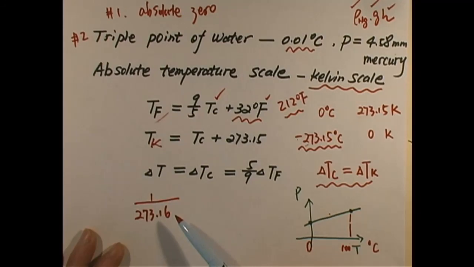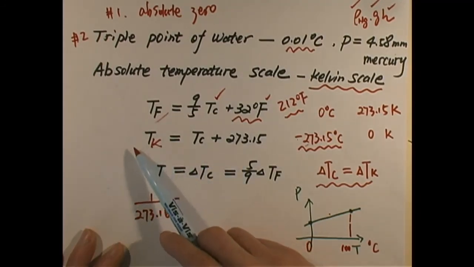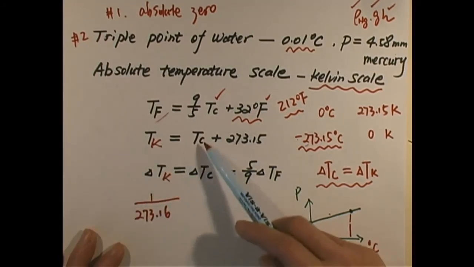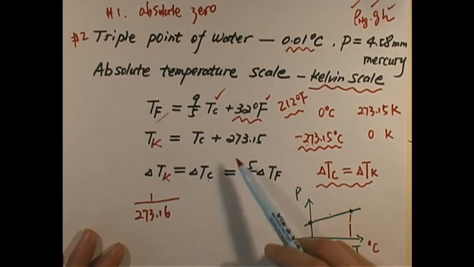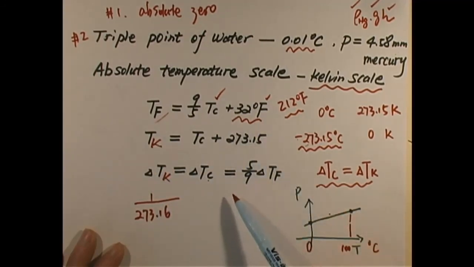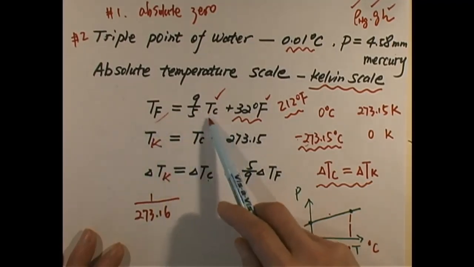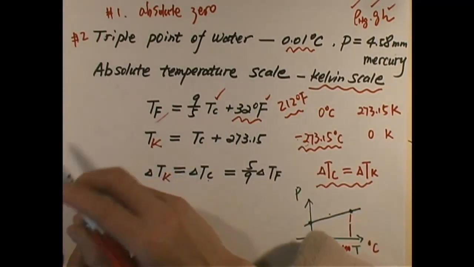And also, if we think about the change, if we take delta of this equation, the delta temperature for Kelvin equals the delta temperature for Celsius, which means the increments are the same. But it's different compared to Fahrenheit, because if we convert this equation to have the temperature in Celsius, what we can do is this.